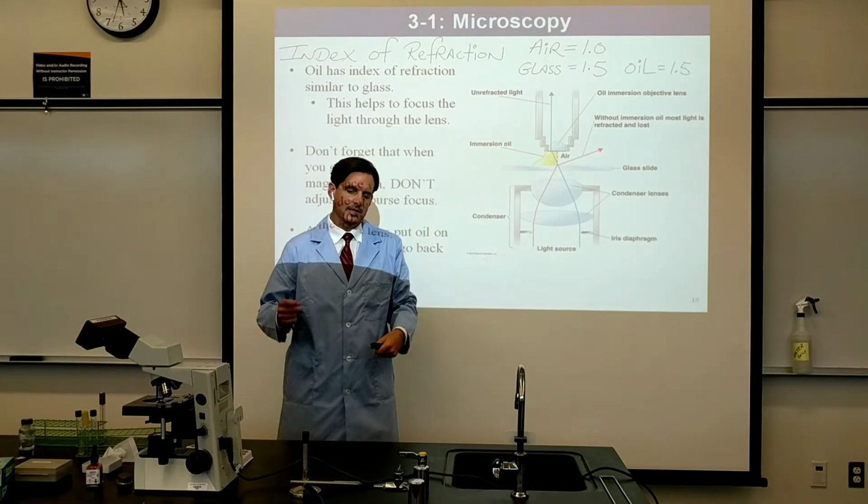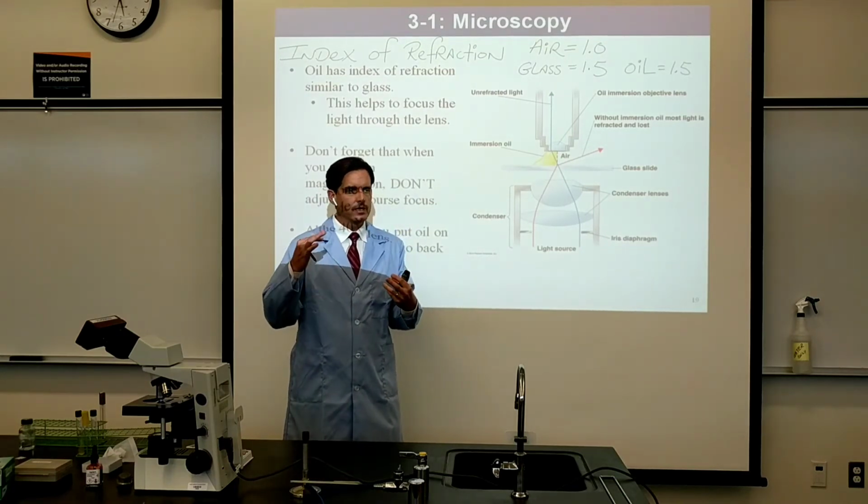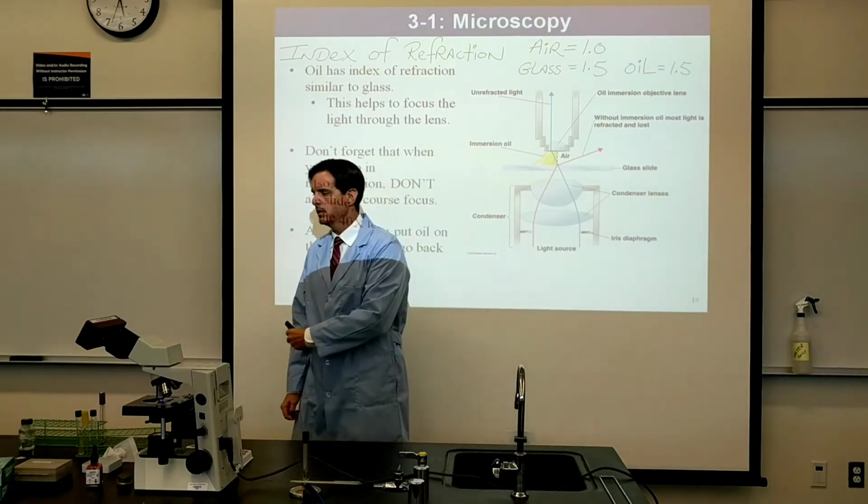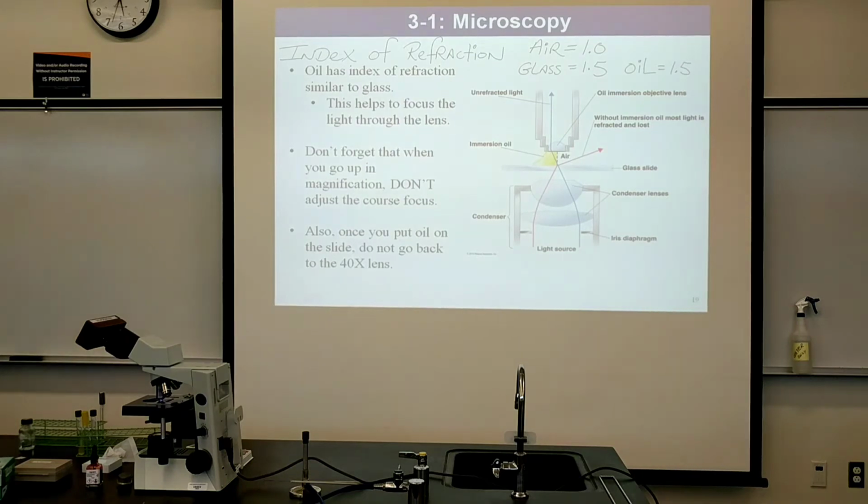So if I was to ask you guys to describe a couple of reasons why oil is important and necessary to use with the oil immersion lens, we could write down that the oil traps light, and the oil increases the index of refraction.